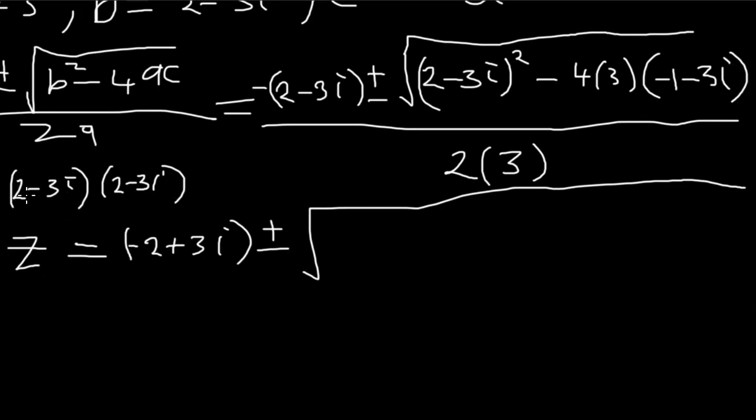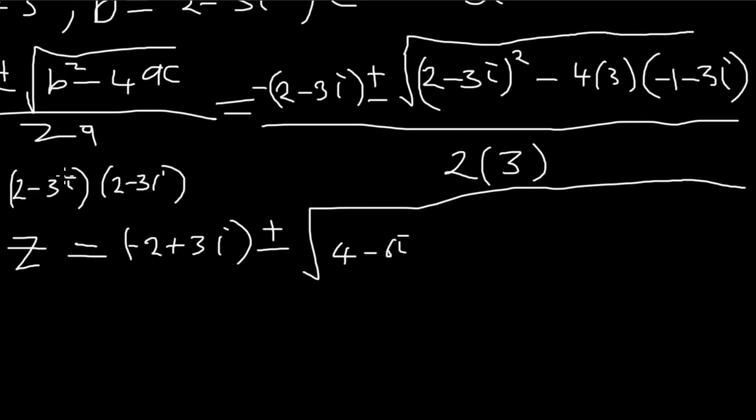So I'll start multiplying these two, multiply with everything there. So 2 times 2, and then I'll get 4 there, and then 2 times negative 3i, I'm getting negative 6i.